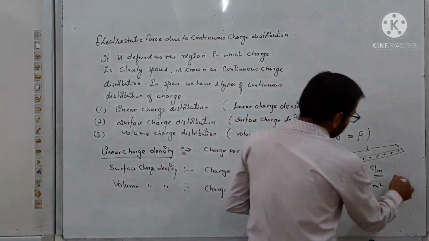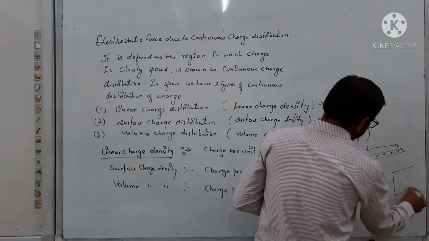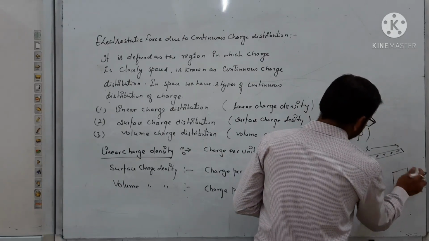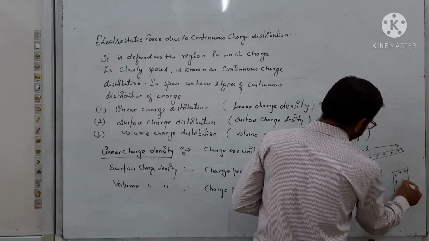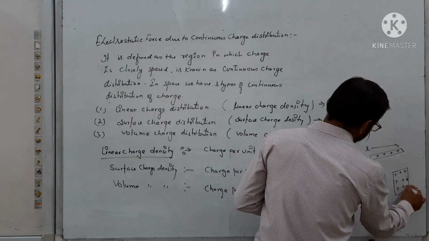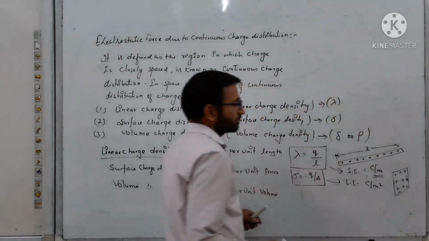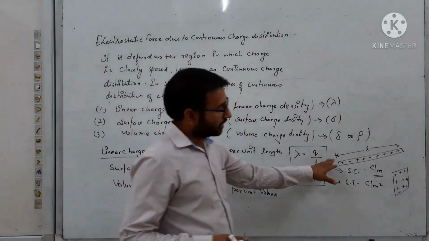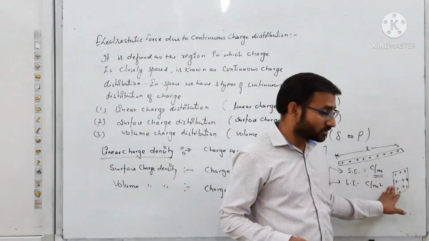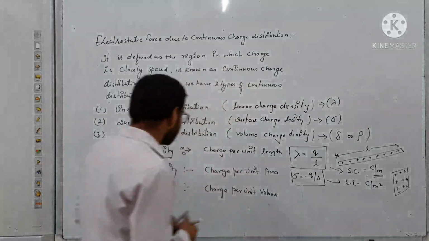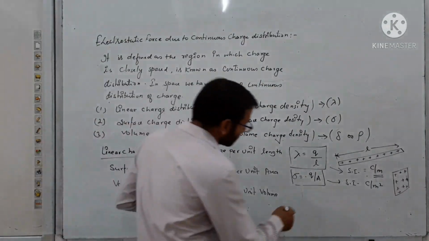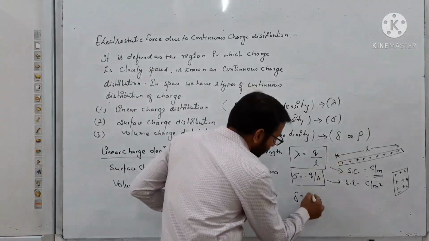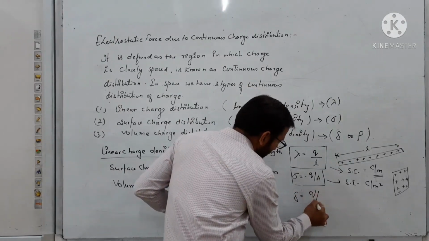When we talk about surface charge density, the distribution of charge is along the surface of the body, so it is Q upon A, and the surface has some area. Linear is one dimensional, surface is two dimensional, and the third one is charge per unit volume, denoted by rho. It is equal to Q upon V.